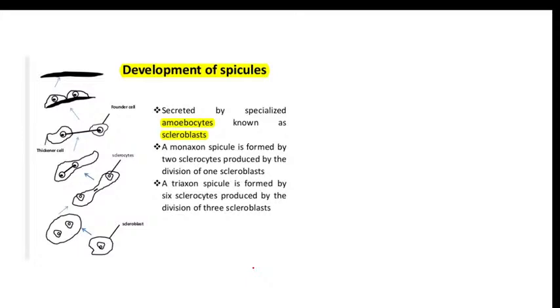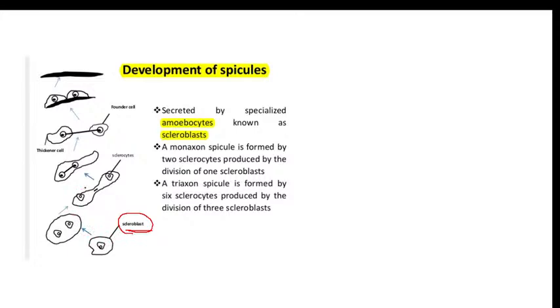So you can see here this is how a spicule is formed. This is a scleroblast cell. The scleroblast cells will undergo division, and scleroblast is the primary cell. Blast cell is the primary cell.